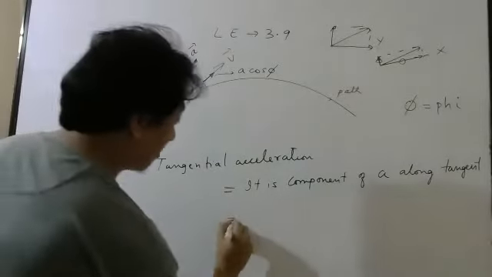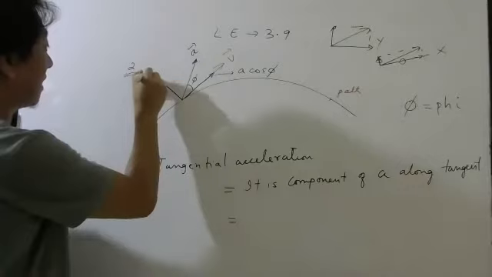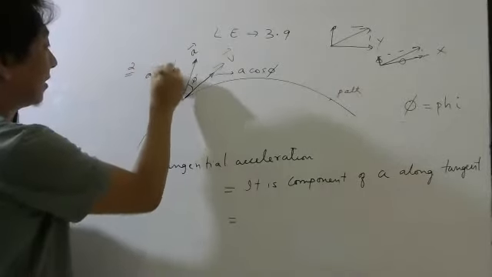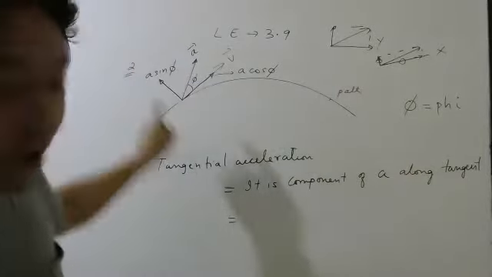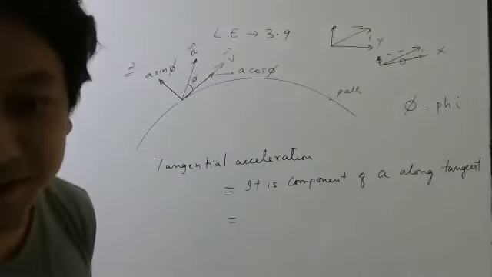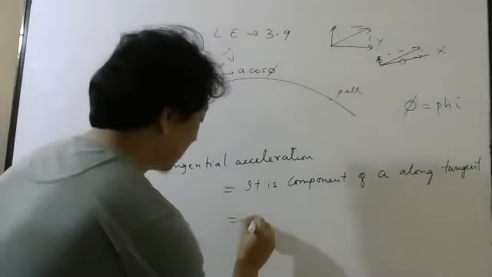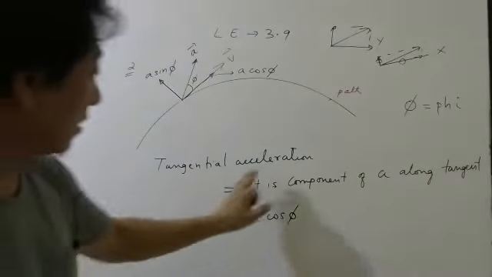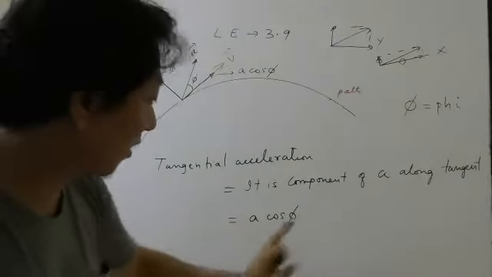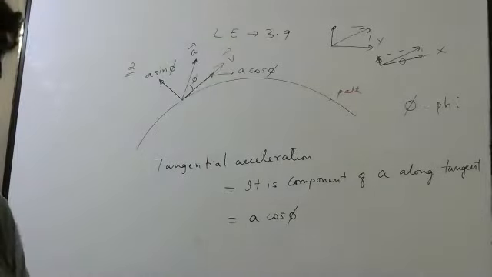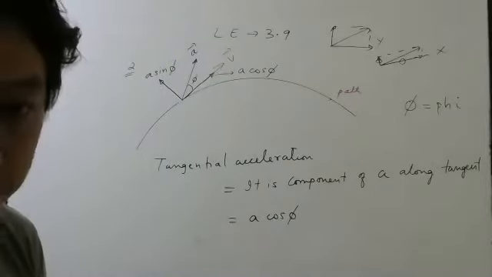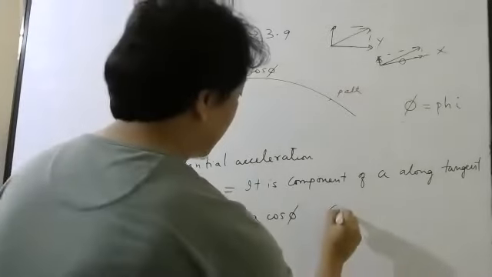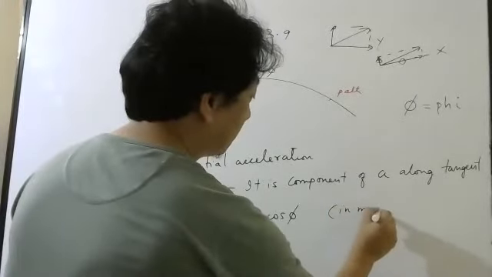So will the tangential component be A cos phi or A sin phi? A cos phi. So this is the tangential acceleration, A cos phi, in magnitude only.